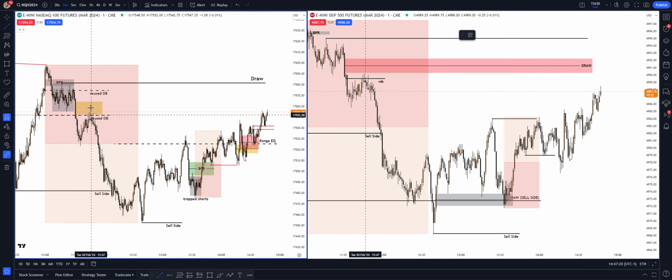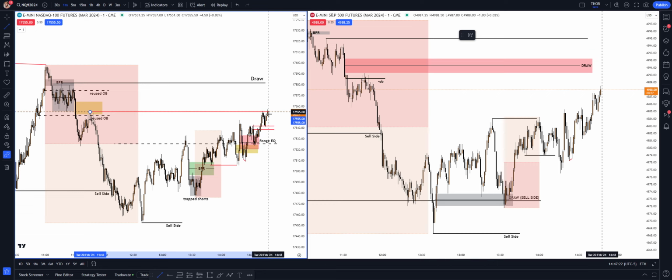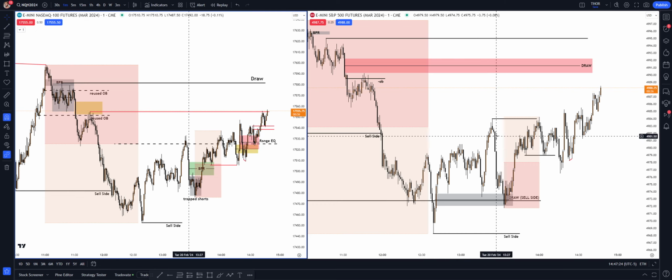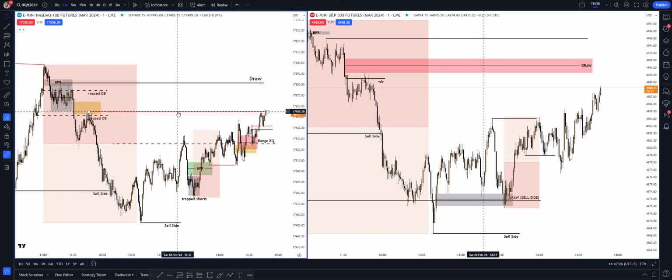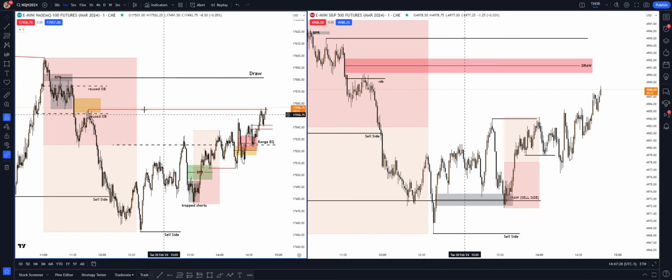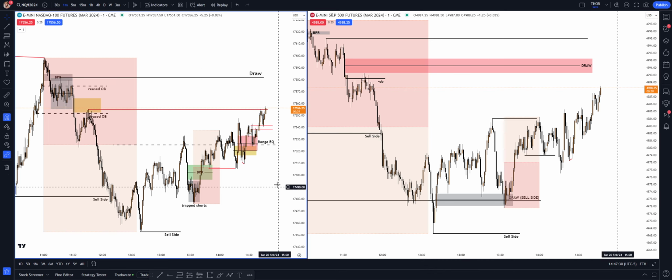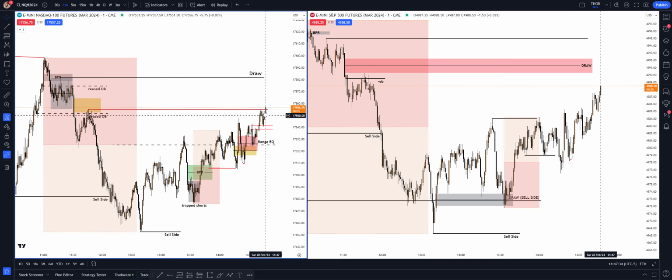I rated this high. It's not so significant for me. It shouldn't really reverse from here. So what I want to see is, I don't want to see price stalling here.